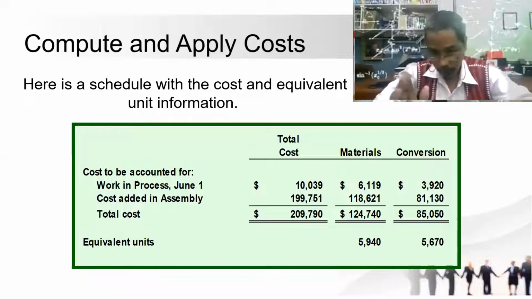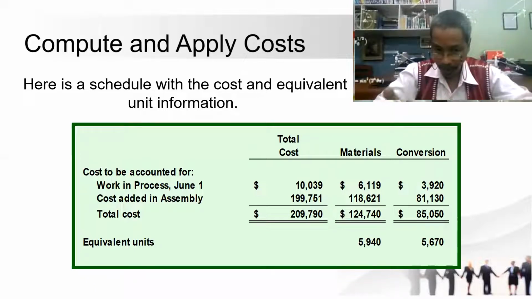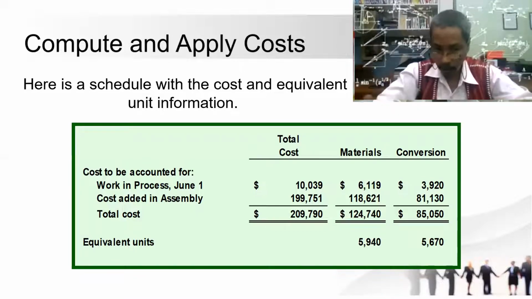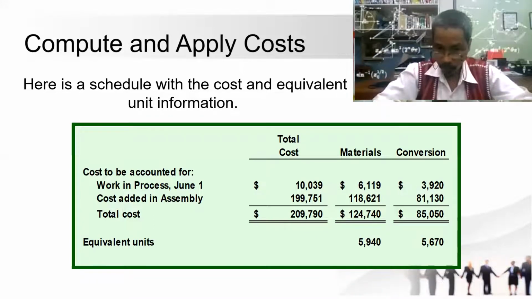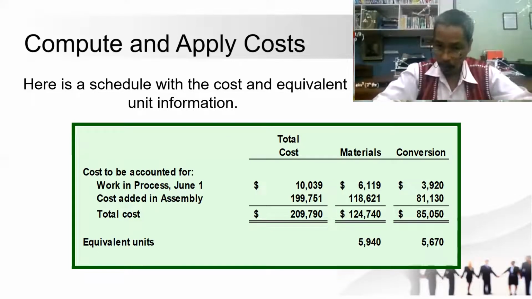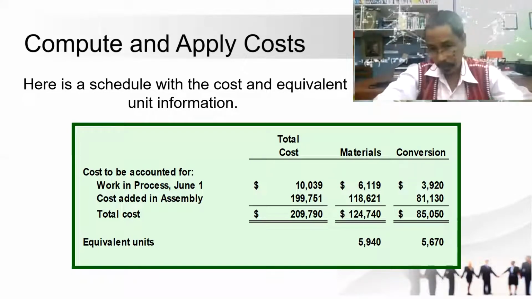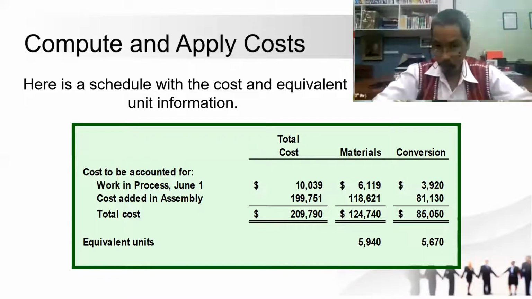For materials alone, we have 118,621. So adding this cost to the work in process starting, we have a total cost under materials of $124,740. That is our total cost for the materials.